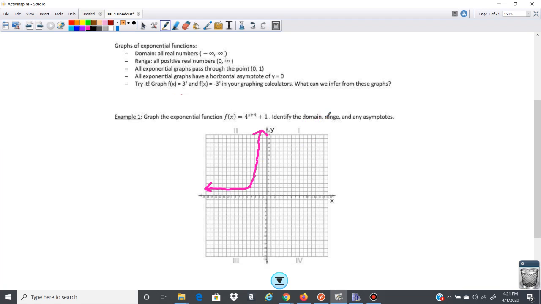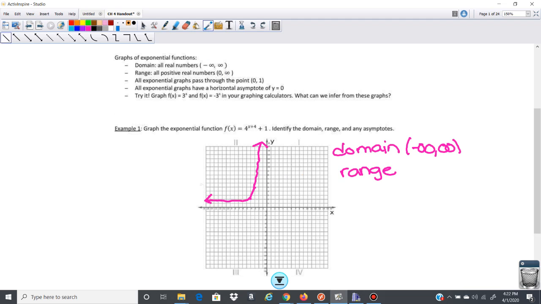Let's see, we've got a domain. So the domain is going to be all real numbers again, so negative infinity to infinity. The range, okay, remember that we've got a horizontal asymptote.